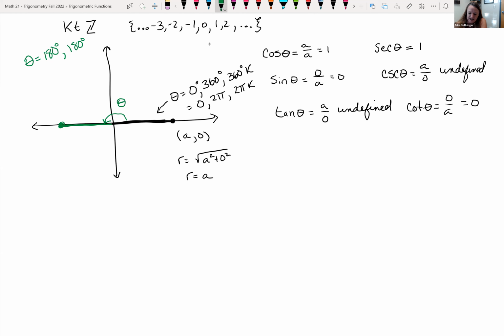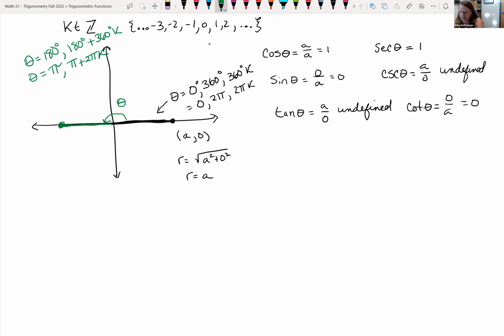So 180 degrees plus 360 degrees times k. But if we're talking about radians, remember the negative x-axis, that would be pi, or pi plus full rotation is 2 pi times k.